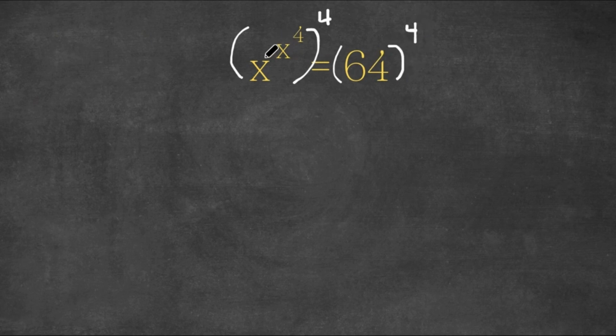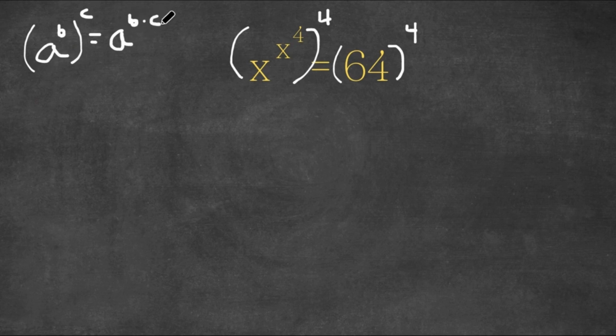Now, an important property of exponents is that if we have a to the power of b to the power of c, this is actually equal to a to the power of b times c. So what we're going to do over here to x to the power of x to the power of 4 to the power of 4, we're going to multiply x to the power of 4 times 4.